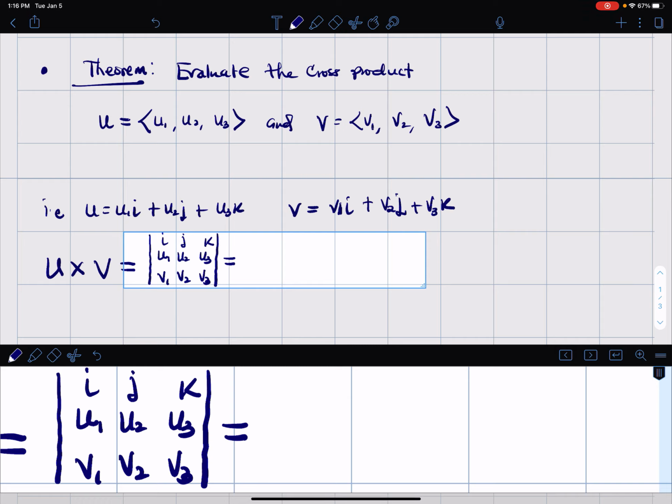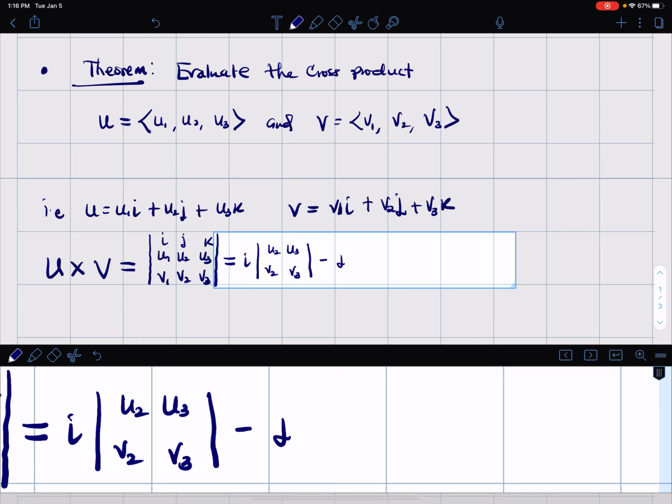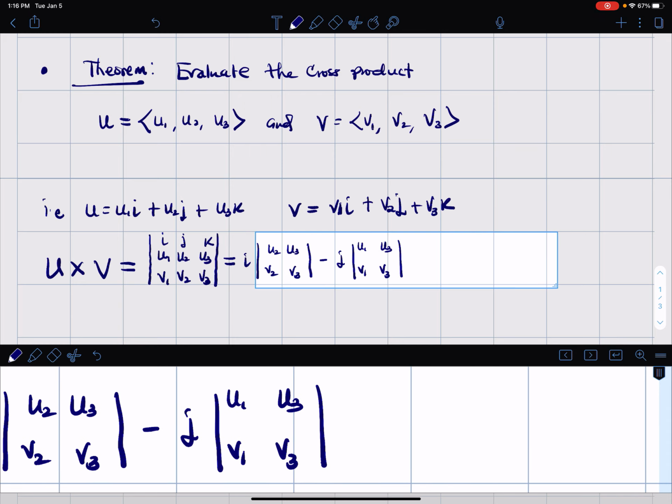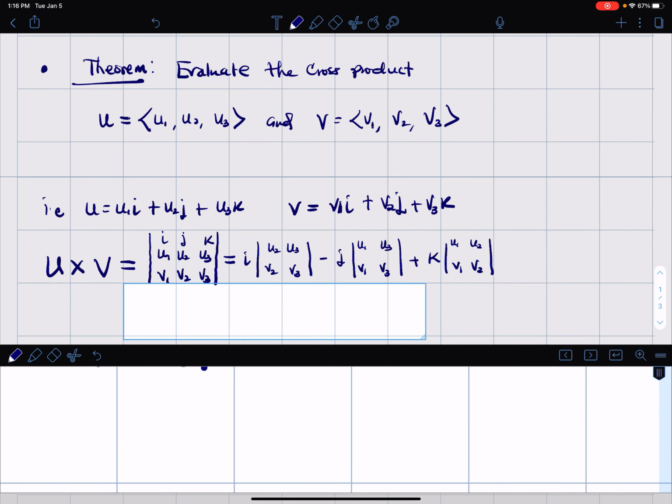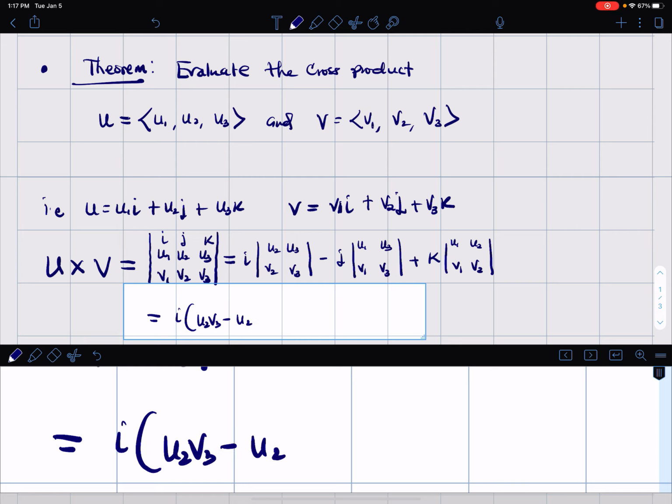So if we find the determinant, we have i times (U2 V3 minus U3 V2), minus j times (U1 V3 minus U3 V1), plus k times (U1 V2 minus U2 V1).